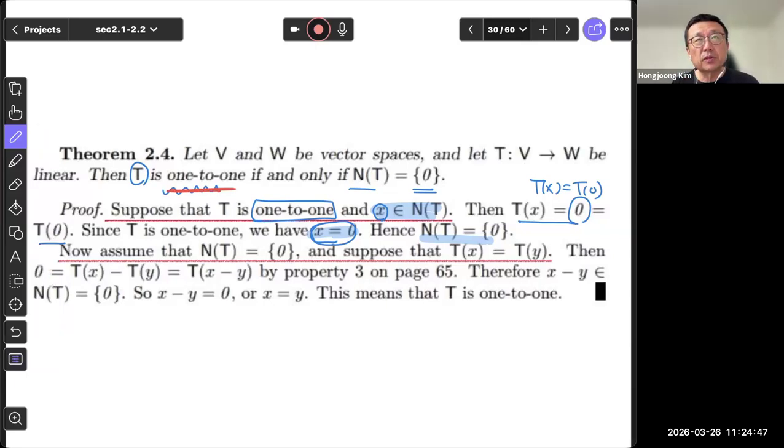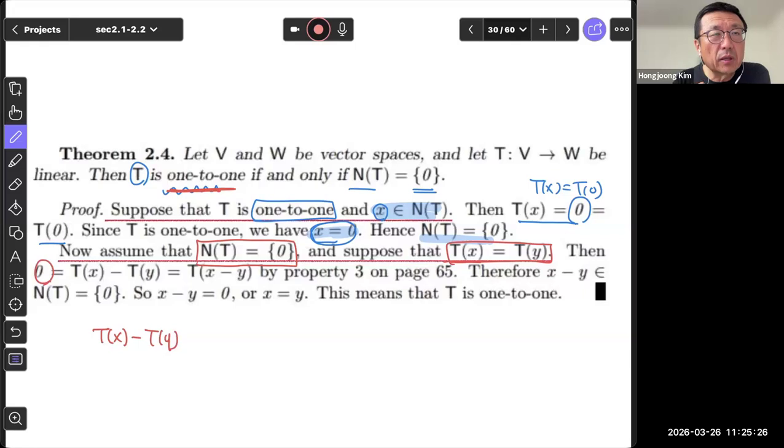Now let me assume the right-hand side. So let me assume that the null space consists of only 0. To prove that this mapping is one-to-one, let me assume that T of x and T of y are equal for some x and y. If I can show that x and y are equal, then this mapping will be one-to-one, right? Since T of x and T of y are equal, T of x minus T of y will be 0.